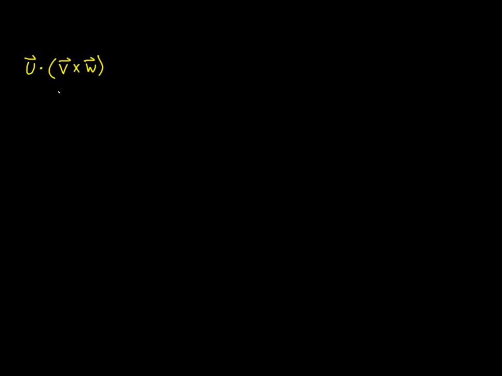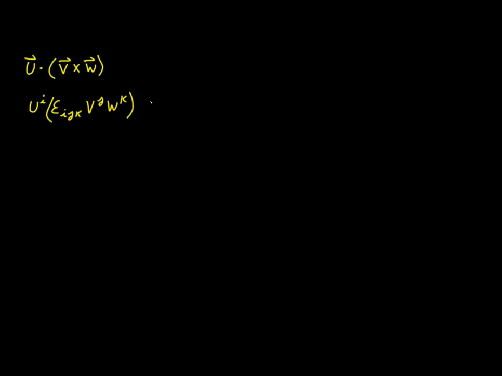It's a dot product, so we'll start with the component of u_i like this, and we need to contract that with the expression with a lower index of i, so we're going to have to use this form for our cross product, epsilon_ijk v^j w^k. So this is the tensor calculus expression for what I've written down up here.